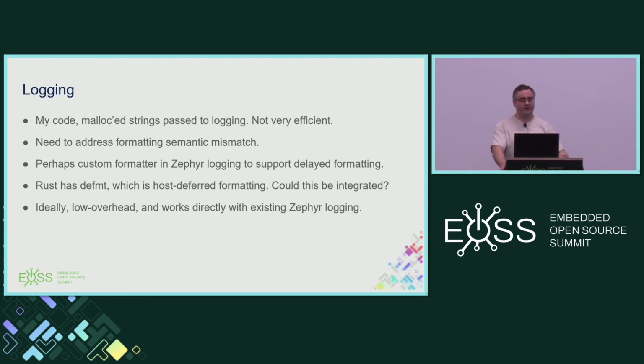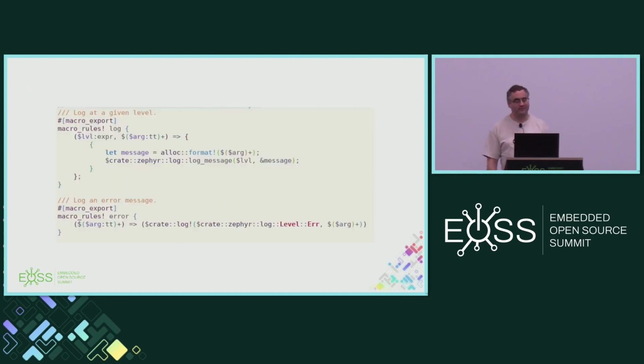I mean, ideally, we want it to be low overhead and work with the existing Zephyr logging. What I do now is I have macros that work like the log crate in Rust. So you have a macro called error that takes formatting arguments and it logs it. And what I do is I call alloc format.